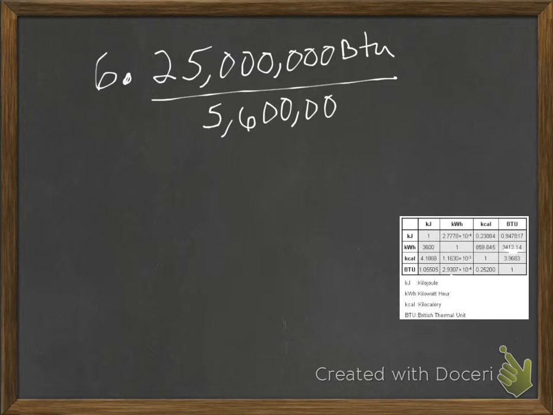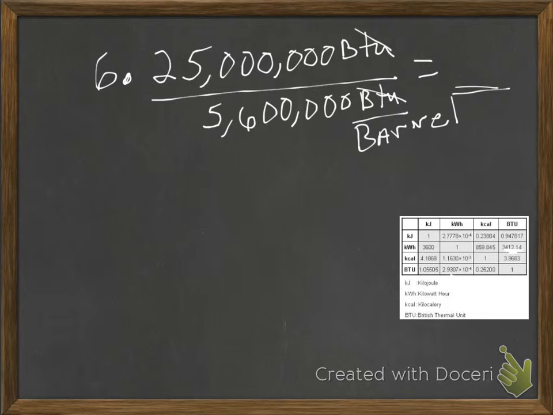So each individual barrel is BTU per barrel. So when I divide this number below into the number above, BTUs goes away, and I'm left with my number in barrels of oil.